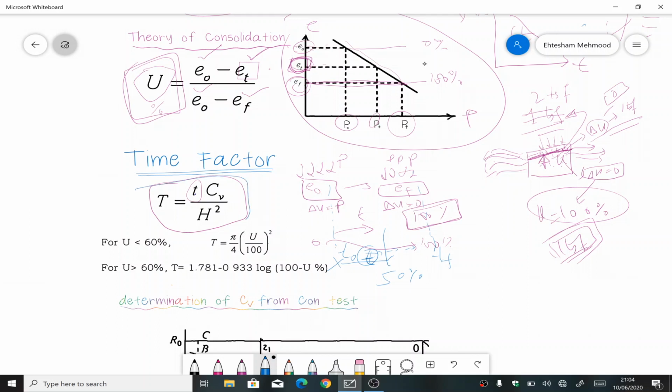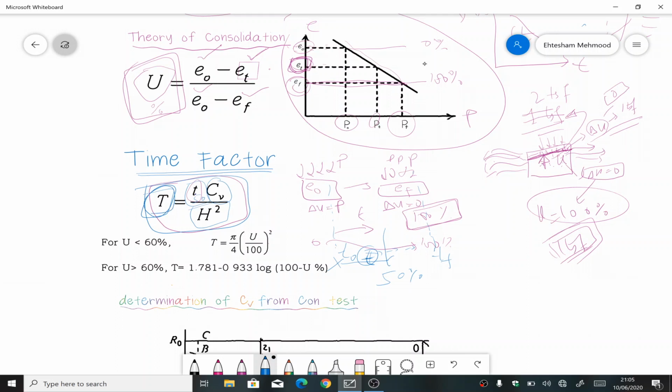I'll come back to this equation and write T50 here. This is what I want to find out. CV is the value of the soil specimen; every clay has a particular value of CV. And H squared is actually not the height of the soil specimen. I'll come to it in a while, but before that we look at this capital T here.